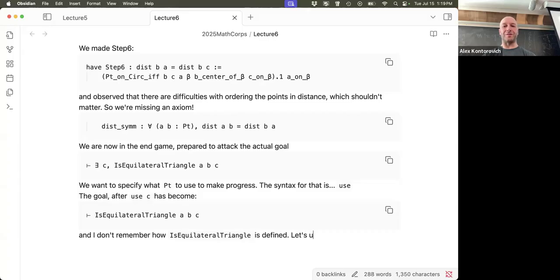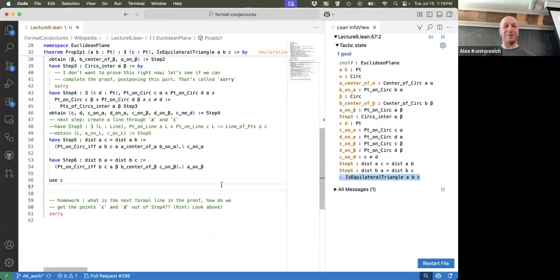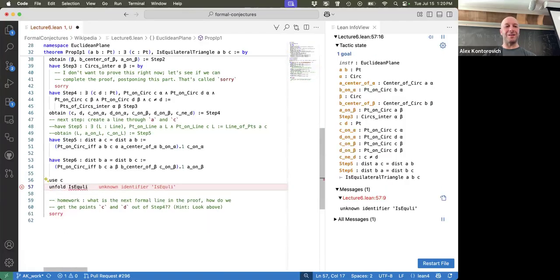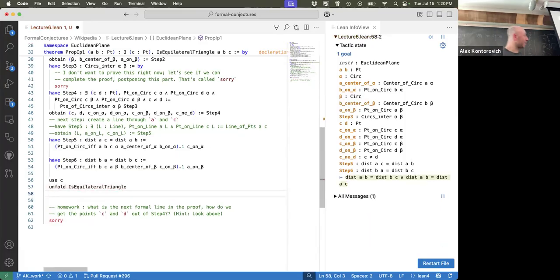Let's unfold the definition. We're hiding some facts. The syntax for that is, can you guess? Unfold. Okay, so let's unfold the definition of is equilateral triangle. And the goal state has changed to needing to prove two things.